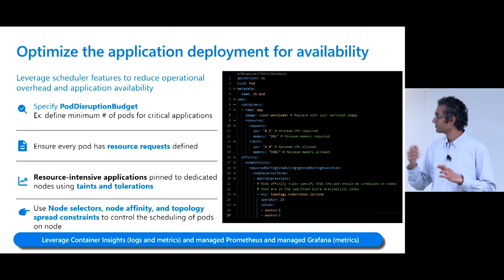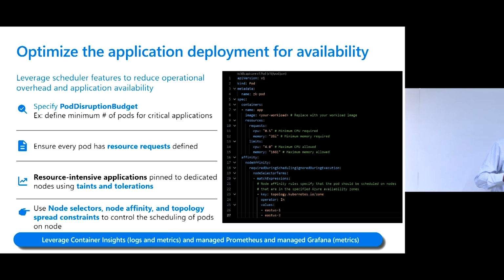Node selectors, node affinity, and topology spread constraints are other means to control the scheduling of the pods. I probably missed the bit about setting resource requests and limits, which comes into the picture especially when you're using things like HPA and VPA. That's another way we can ensure availability.